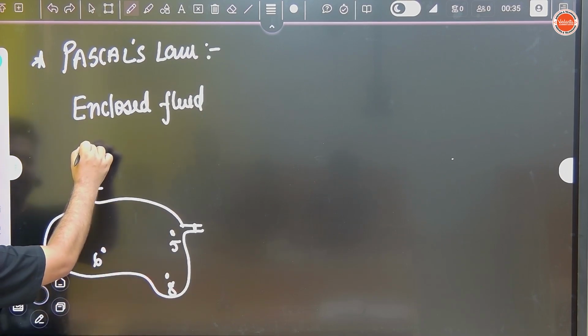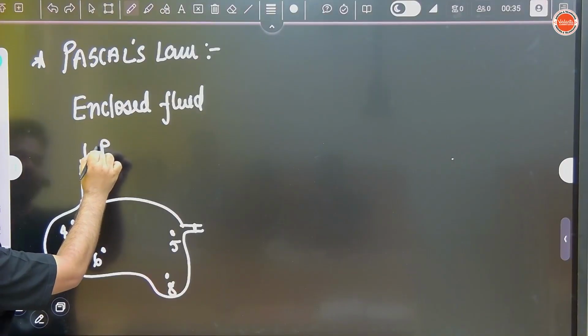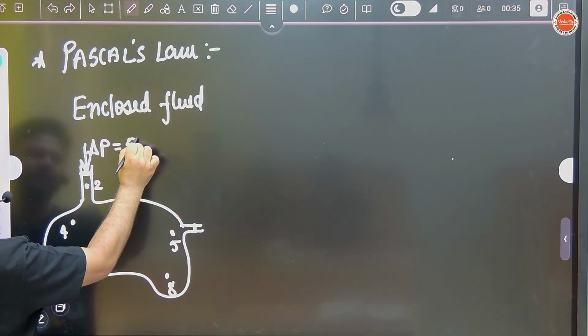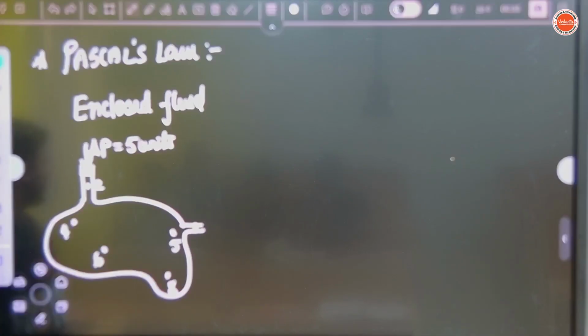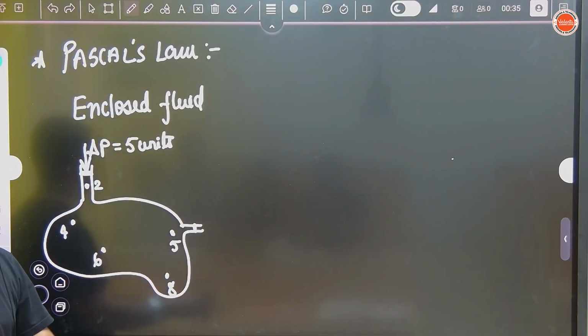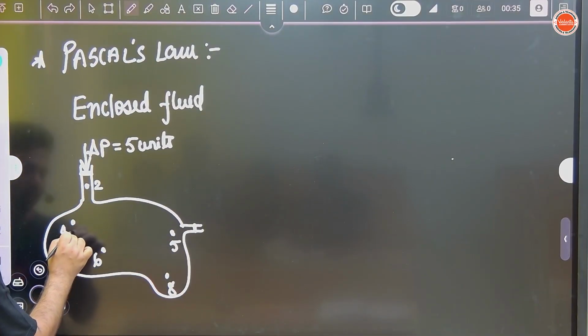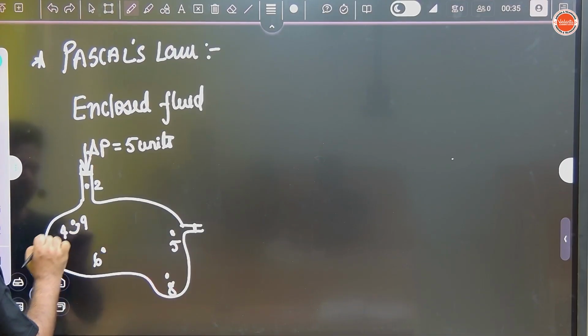If we apply some extra pressure, delta P, suppose 5 units, what will happen? This extra pressure will travel to all the points. Means now this pressure will become 4 plus 5, 9. The pressure at this point will become from 4 to 9.